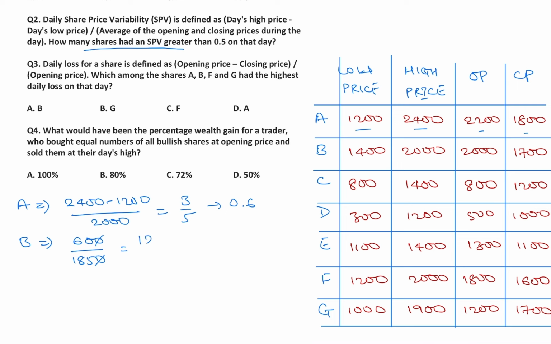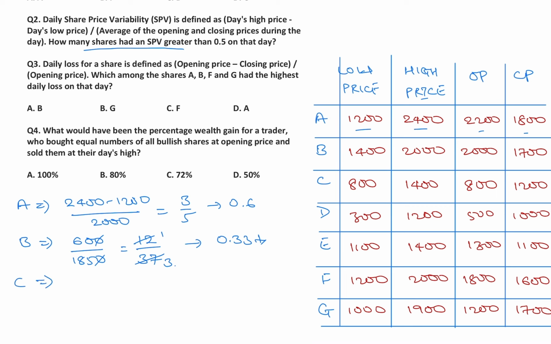So this will be 12 by 17. 1 by 3 is 0.33, so the value for this will be less than 0.33. Okay, so I can write that.